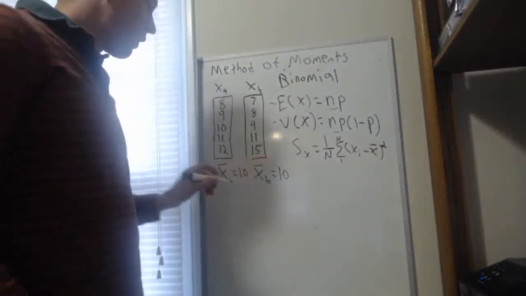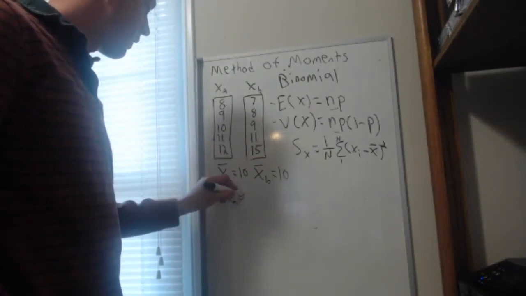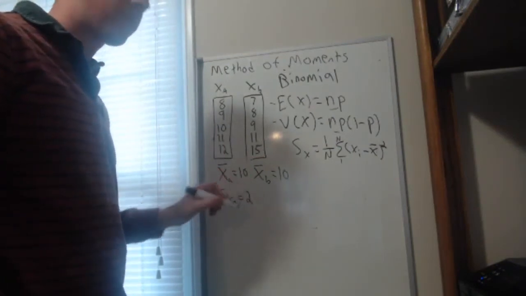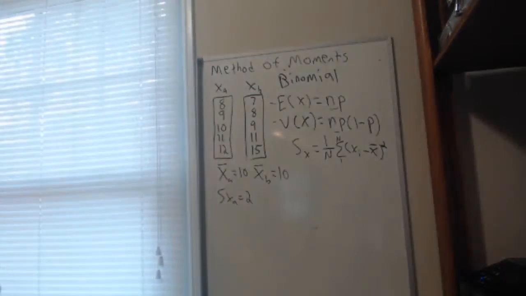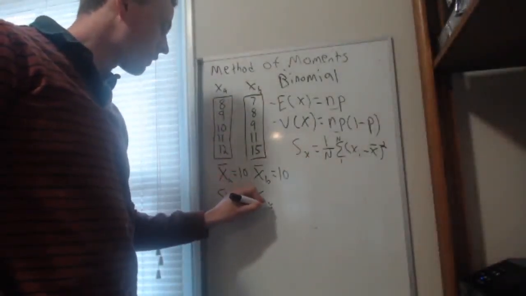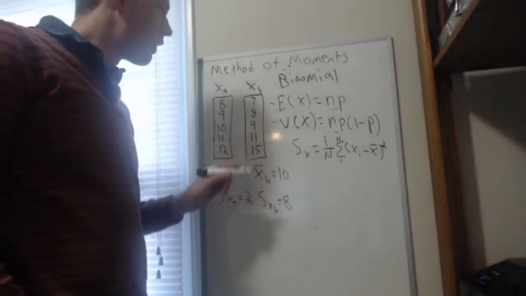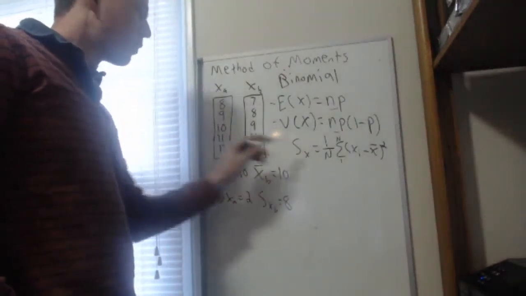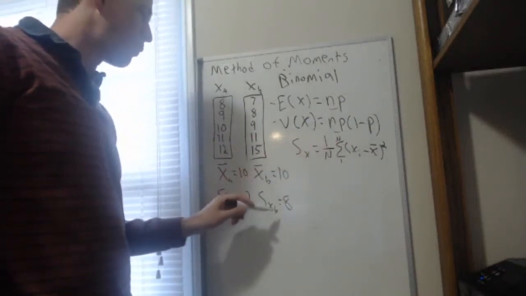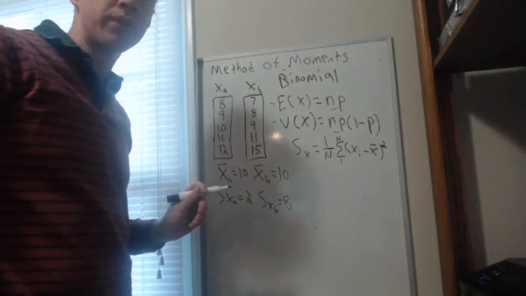And the sample variance of xa, in this case, I believe is 2. Let me double check my notes. Yep. And the sample variance of xb is 8. So if you ran these 5 numbers through this formula, you'd come up with 8. If you ran those 5 numbers through this formula, you'd come up with 2.